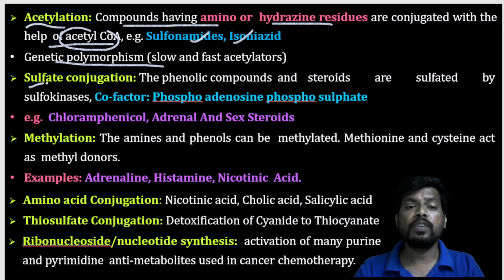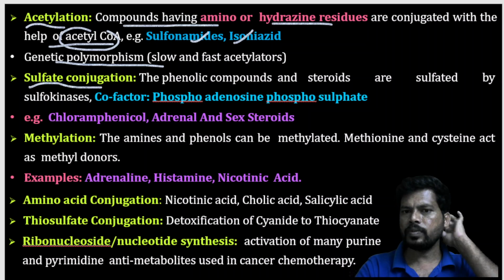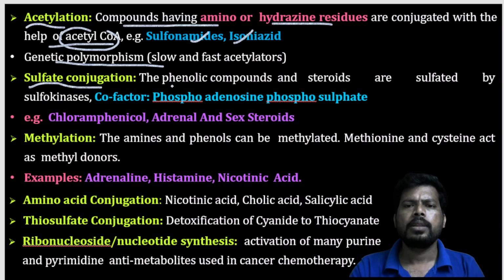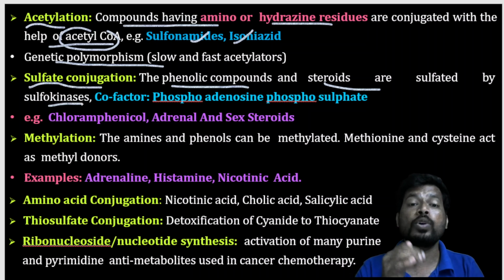Next, sulfate conjugation. This is also one of the phase 2 reactions. Sulfate conjugation is one of the phase 2 metabolic reactions. Especially the phenolic compounds and steroids are sulfated by the sulfokinases, also known as sulfotransferases.